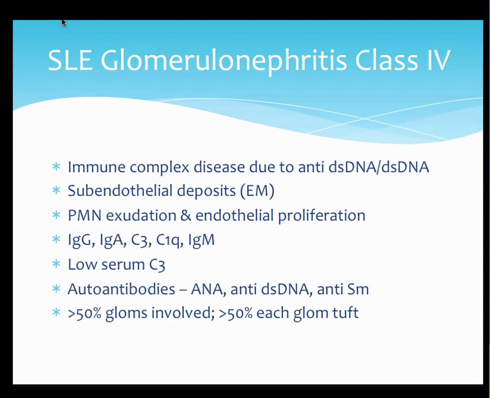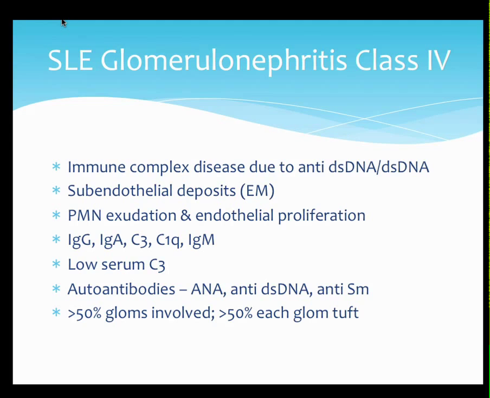Lupus erythematosus glomerulonephritis class 4 is also an immune complex disease process which results in marked proliferation of endothelial cells and exudation of neutrophils. We know that this is an immune complex disease which is due to the deposition of anti-double-stranded DNA and double-stranded DNA in the glomerular capillary lumens in a very characteristic pattern.